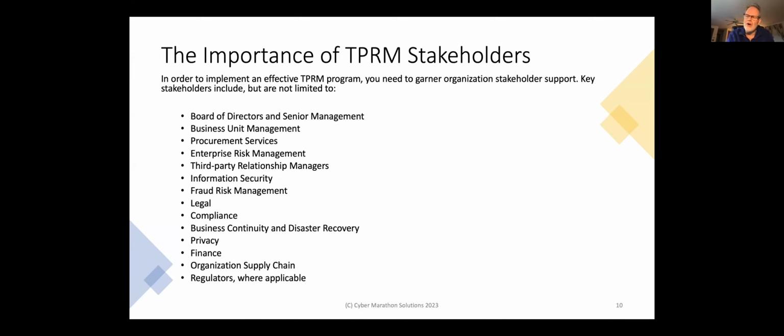Another key relationship is with the third-party relationship managers. Business units should, although they don't always, designate someone in the business unit to be responsible for the management of the relationship and the oversight of the performance of the third party.